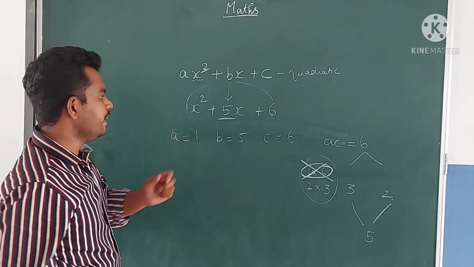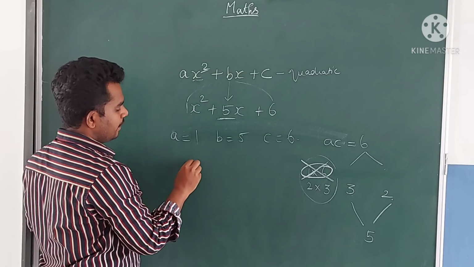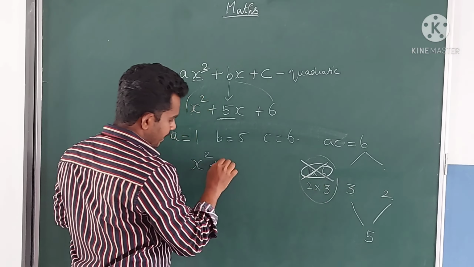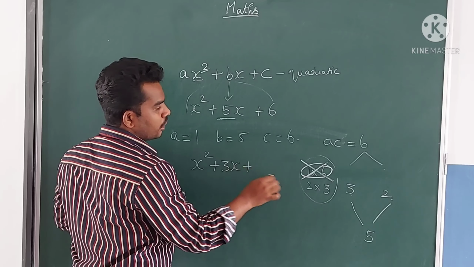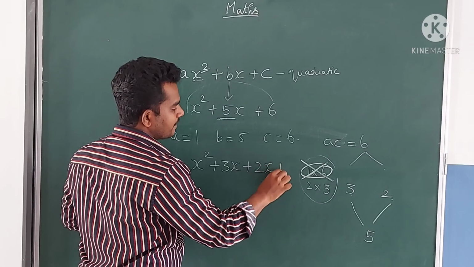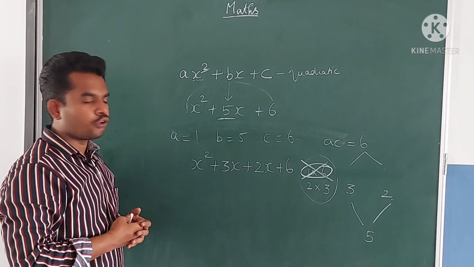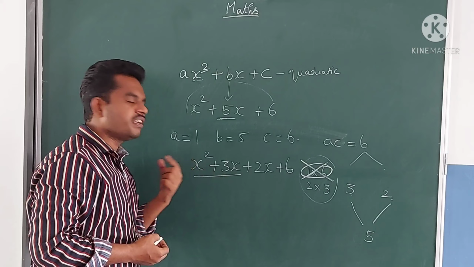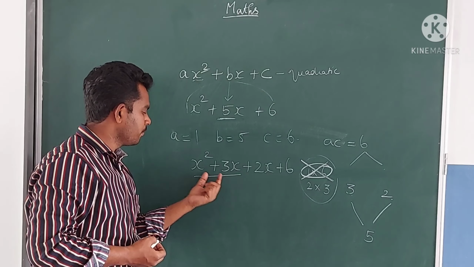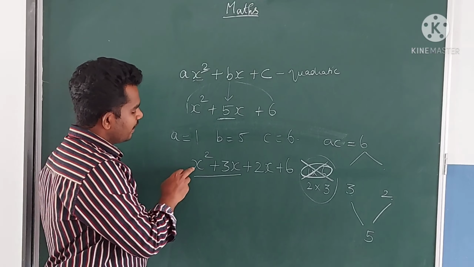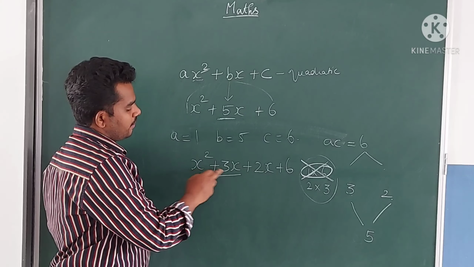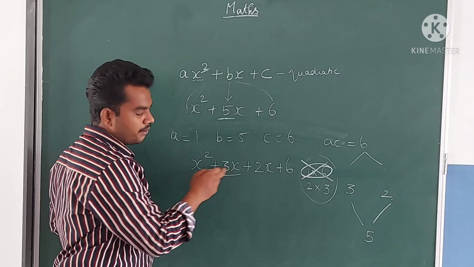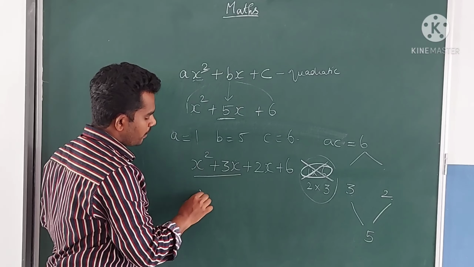So you write 5x as 3x plus 2x, so x square plus 3x plus 2x plus 6. Here what is the common term? x is a common term. Why? The first term is x square and the second term is x, so x is common.